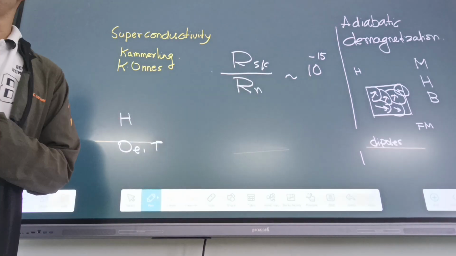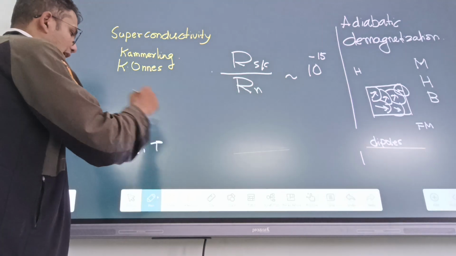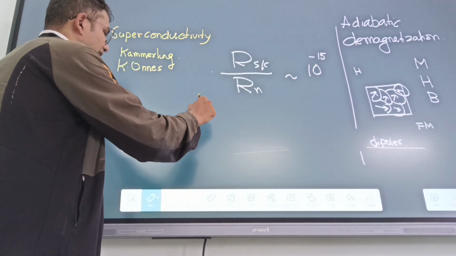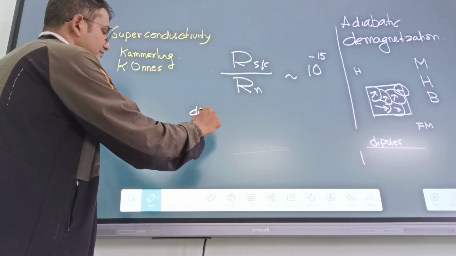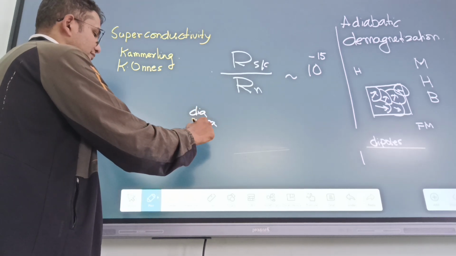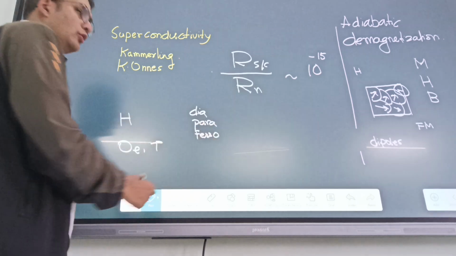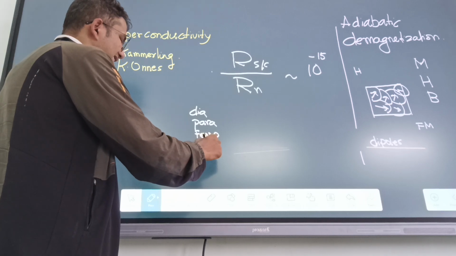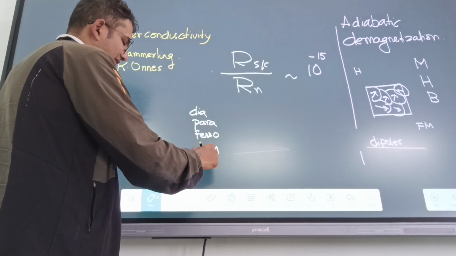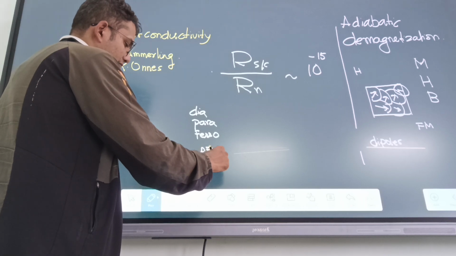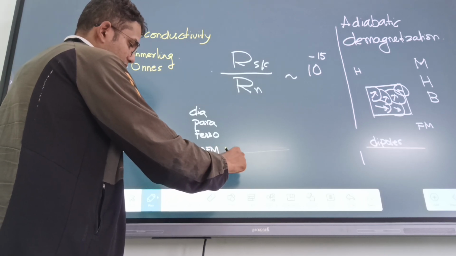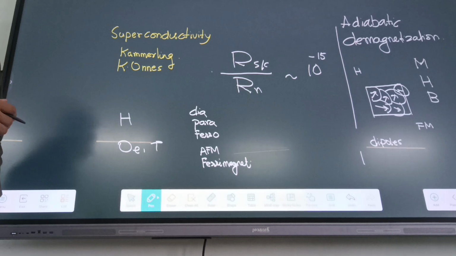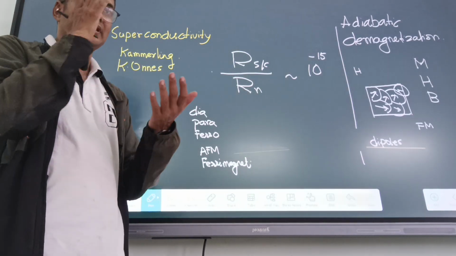Some amount of Tesla is being applied to a material. Then what will happen? There are three types of materials known to us. One is diamagnet, one is paramagnet, and another is ferromagnet. Besides these there are two more: one is antiferromagnet, AFM, and the other is ferrimagnet. Basically what the field does is align the magnetic dipoles in its direction.